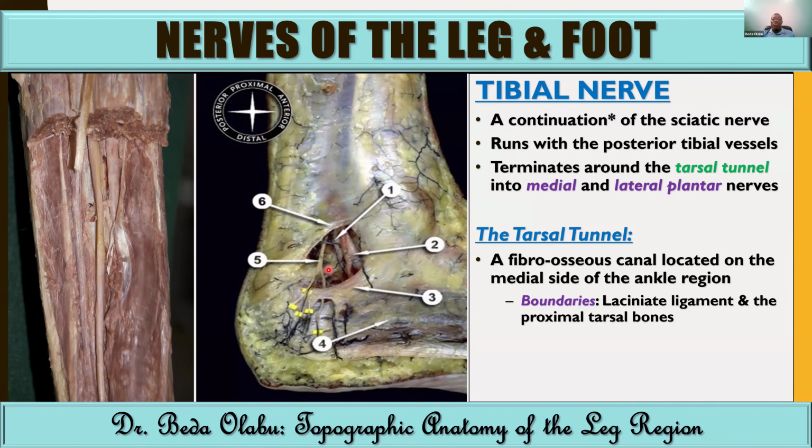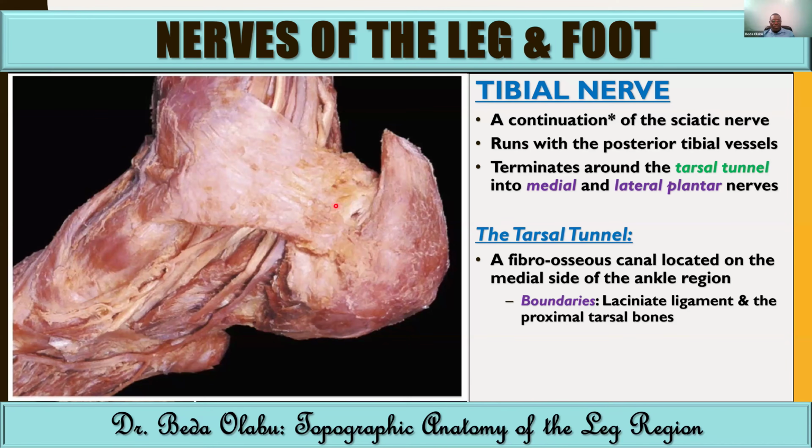Sustentaculum tali is a medial projection of the calcaneus bone, better seen on the bone than on this particular image. And then lower down here, we have the tubercle of calcaneus. So basically we have calcaneus, talus, and medial malleolus of the tibia, forming the medial or superior bony boundary of the tunnel. The flexor retinaculum, or the laciniate ligament, forms the superficial boundary. Superficial boundary, as you can see, is also the medial boundary.